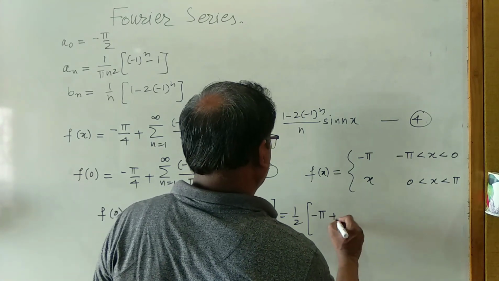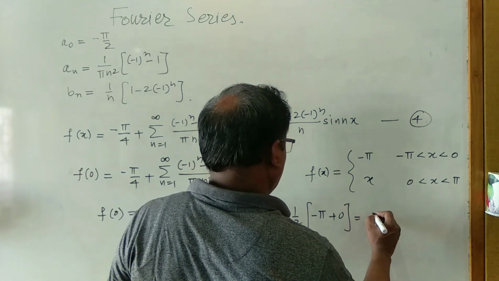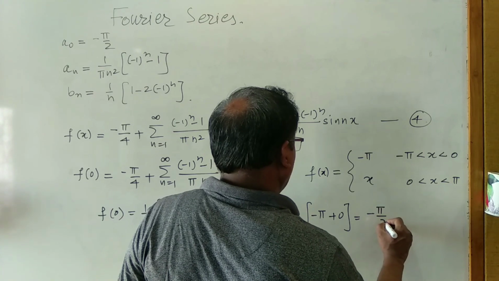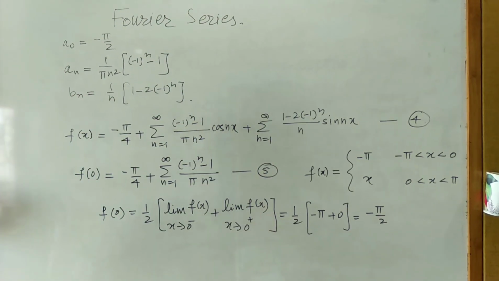When x tends to 0 from left, the value of f of x is minus pi. When x approaches 0 from the right hand side, the value of f of x is x, so the limit is 0. So the value of f of 0 is minus pi by 2.